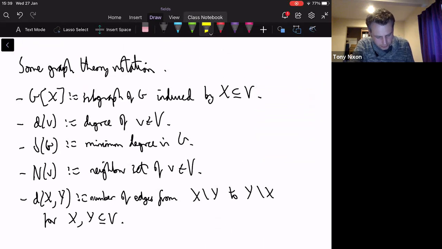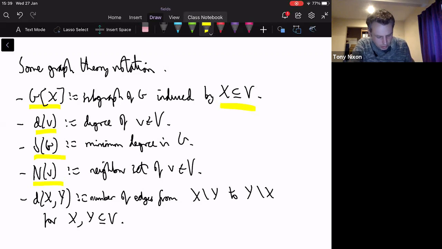First of all, G[X] is the subgraph of G induced by X. So you take some subset of your vertex set and all the edges that are between pairs of vertices in X. And this gives you some graph. I'm going to use d to denote the degree of a vertex. Delta is the minimum degree. Capital N is for the neighborhood or the neighbor set of a given vertex.